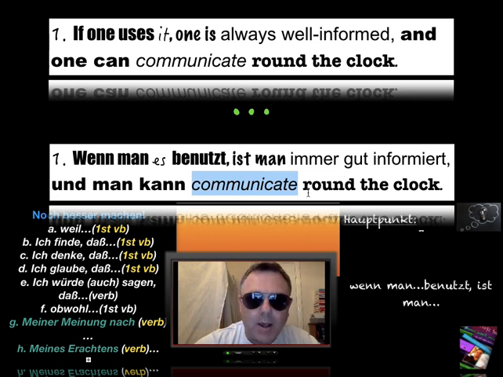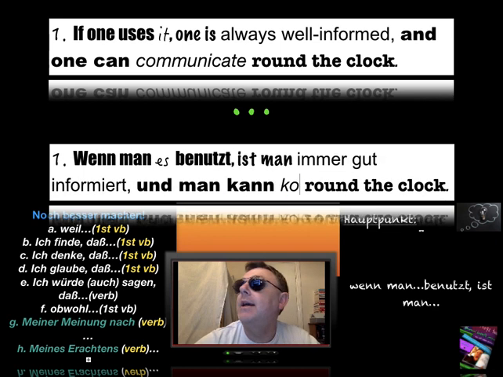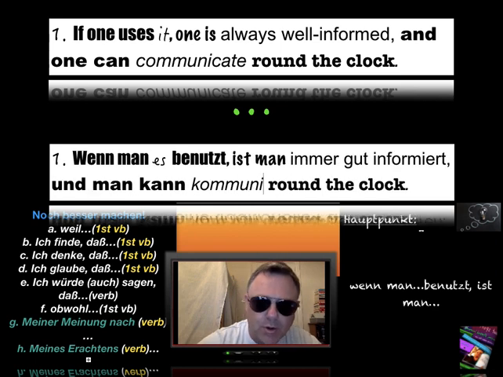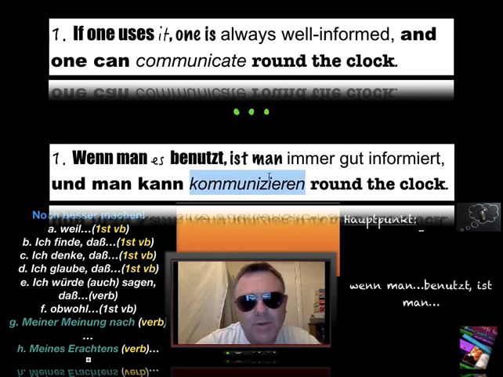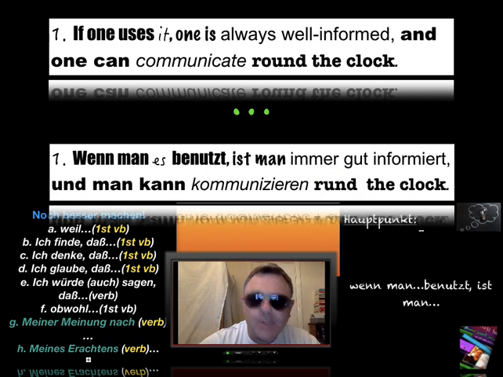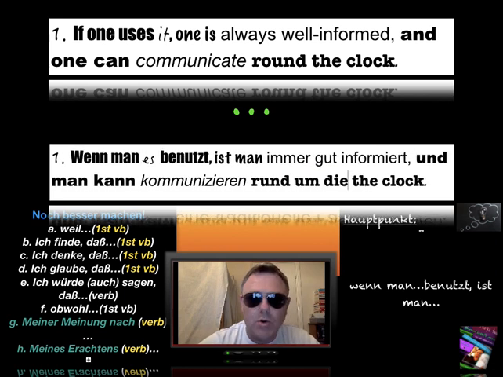So, now communicate is kommunizieren, which is the one we're going to use. Kommunizieren is a Latin-based verb. When you do the past participle, remember no G at the front, cross off the EN at the end and replace it with a D. So, around the clock is a set phrase, rund um die Uhr.